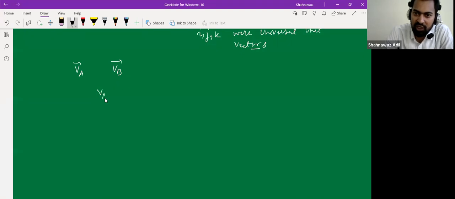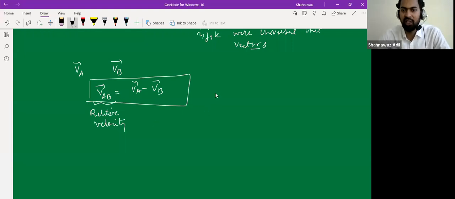So the velocity of A with respect to B is called the relative velocity, and this is equal to VA minus VB.